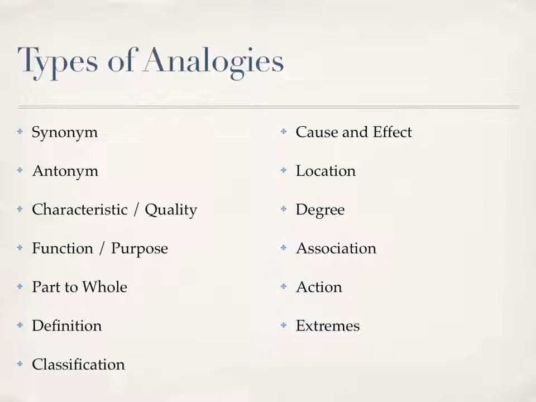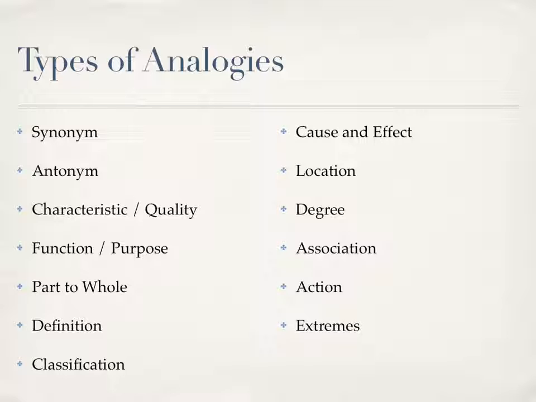I would like to emphasize that some of these analogies can be reversed. For instance, the analogy type part to whole could also be read whole to part. You will just have to be aware of what the relationship is asking for.